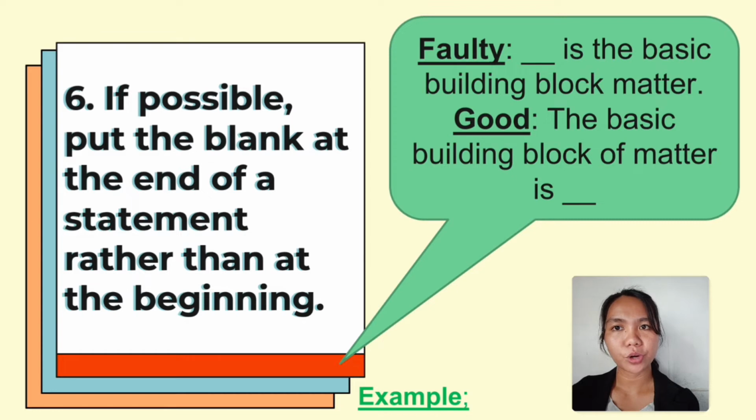So it is very important that in making the fill in the blank question, as much as possible, we put the blank at the end of the statement, not in the first line, because it will add confusion to the students and it will lose the intended meaning of your question to the student. So that's the general guidelines in writing the short-term items or the completion test. So that's all about my part.